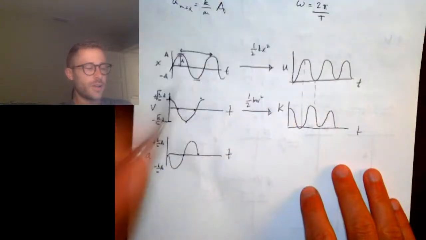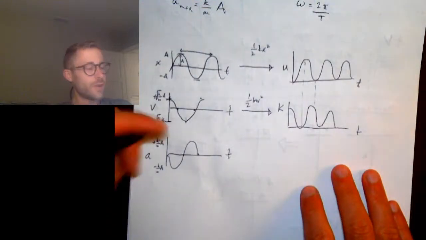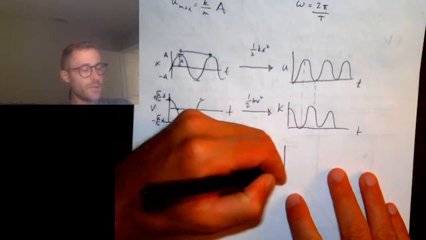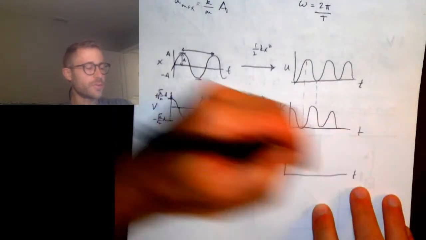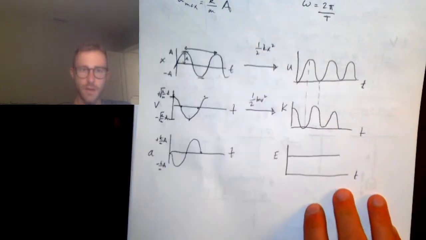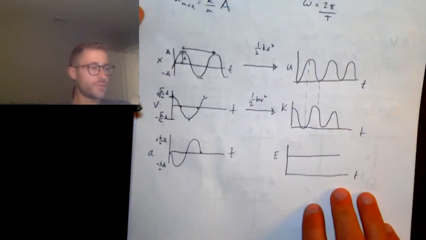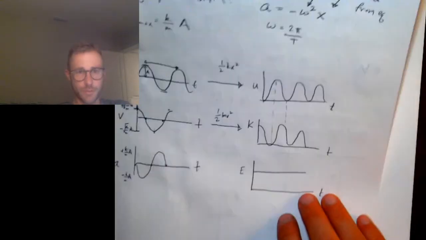And when the kinetic energy is high, the potential energy is low. Okay, so actually if we were to add these two together to get the total energy versus time, it is just a constant. Okay, this is for a frictionless mass spring system.